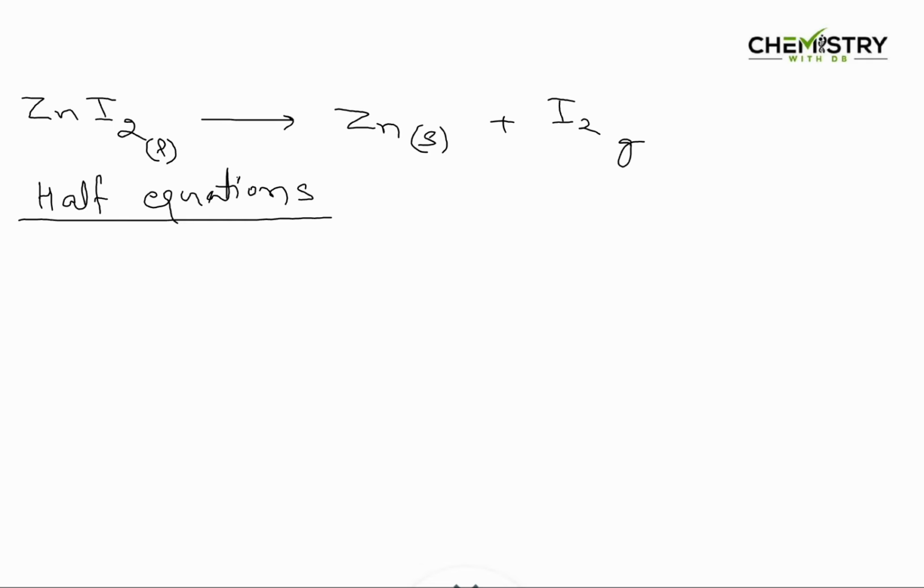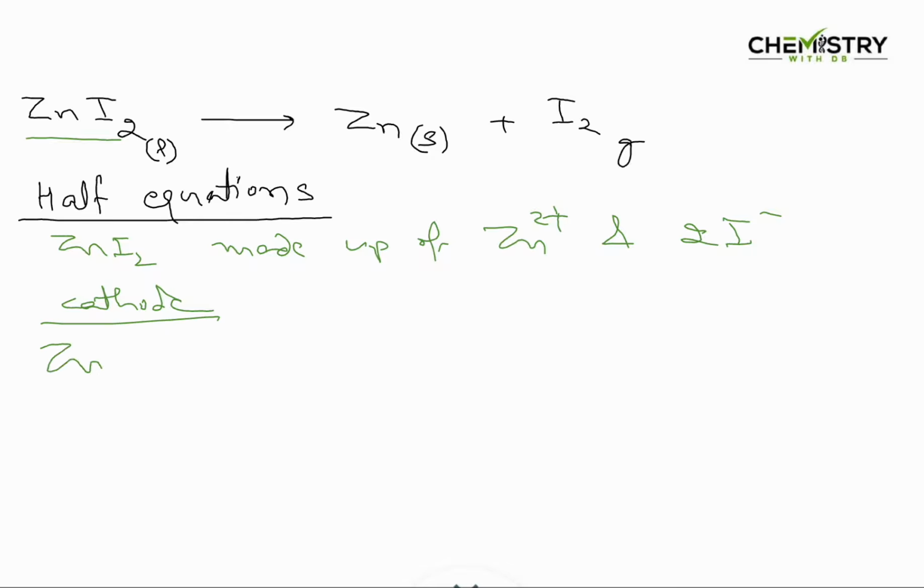Now if we have to look at it from the half equation point of view, then zinc iodide, ZnI2, is made up of Zn2+ and 2I-. So Zn2+ ions will go to the cathode, because the cathode is negative.